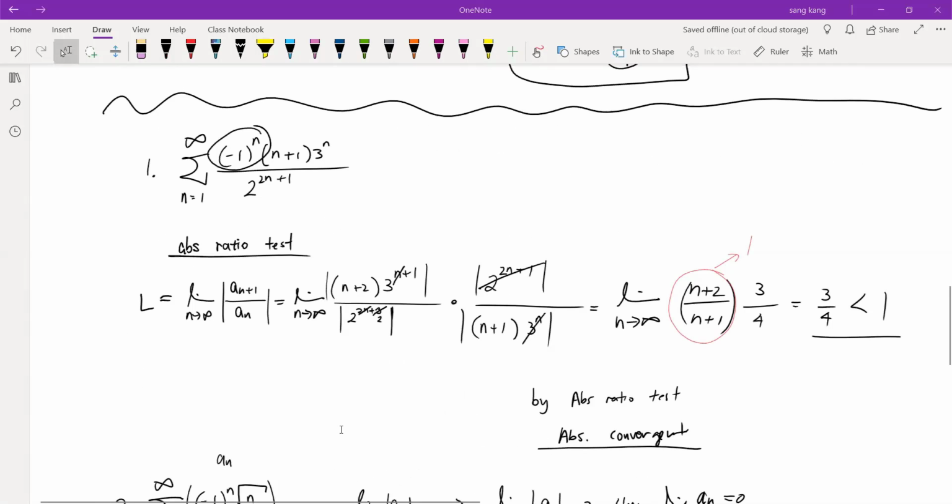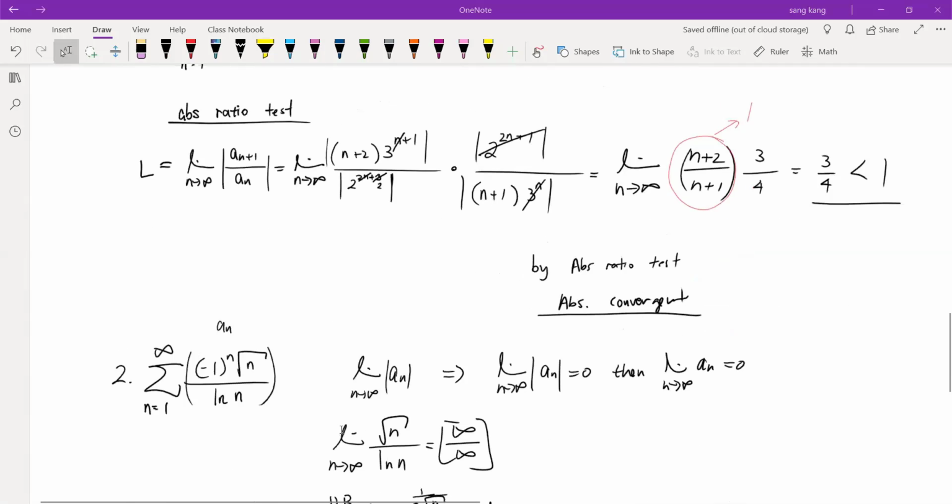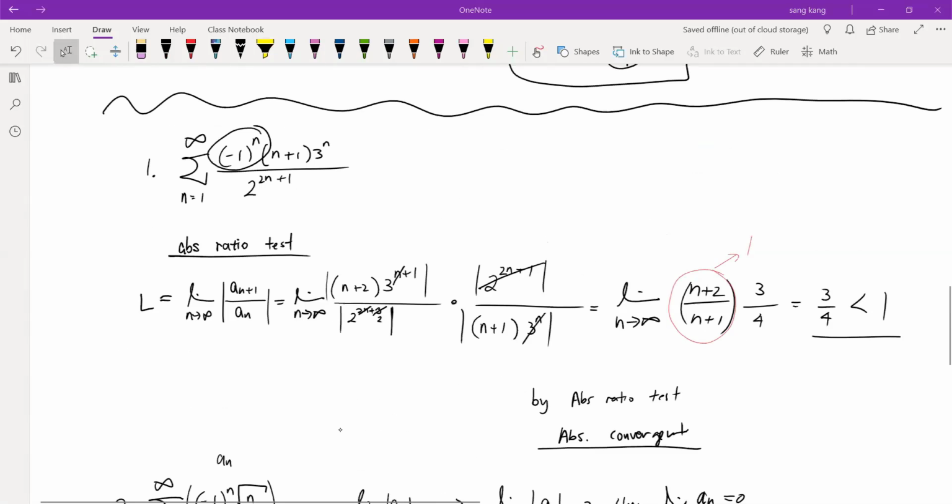So ratio tests you generally want to use when you have exponentials, right, or factorials, because the ultimate goal of the ratio test is to cancel a bunch of terms out, right? So anything with factorials or exponentials, you can use.